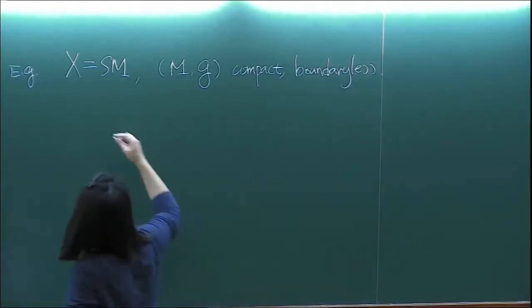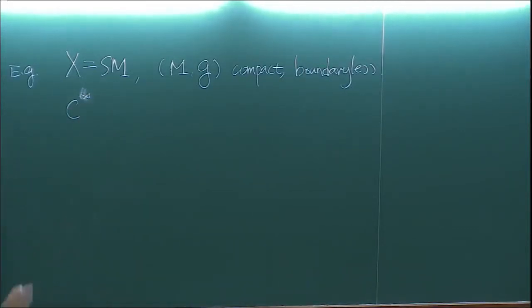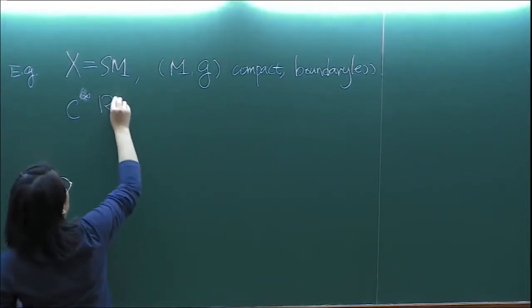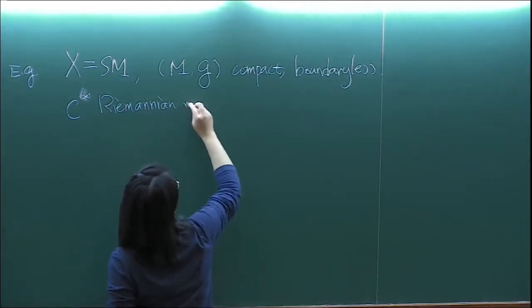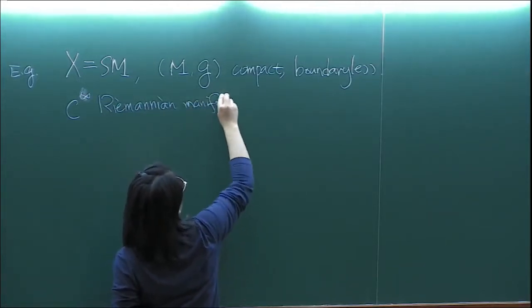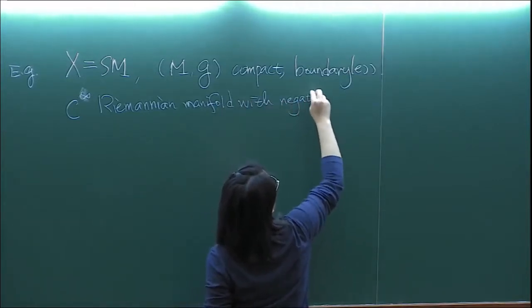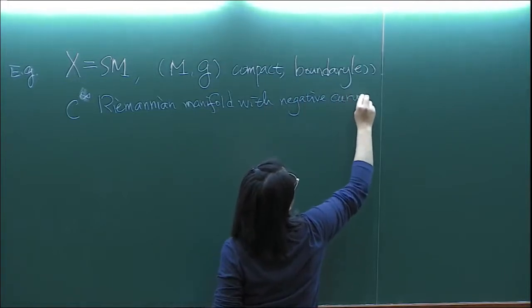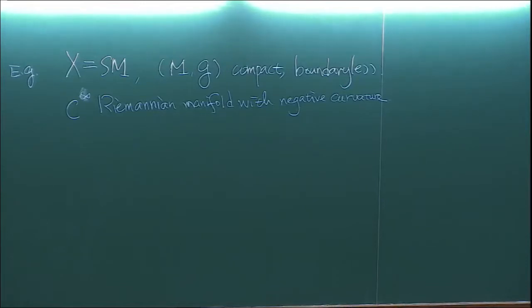And actually C2 should be fine, but yesterday's setting is infinity. So smooth Riemannian manifold with negative curvature. You show that the definition of entropy, that's one way to present it. That's why the integral.